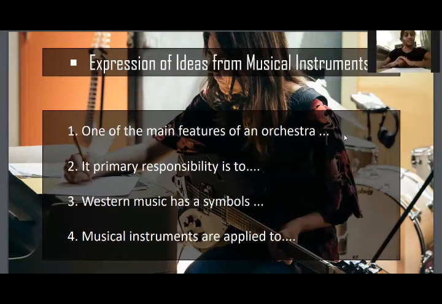Musical instruments are applied to the composing of the music according to the chosen theme.